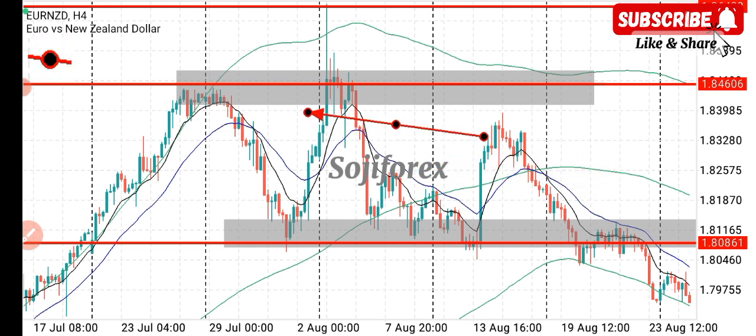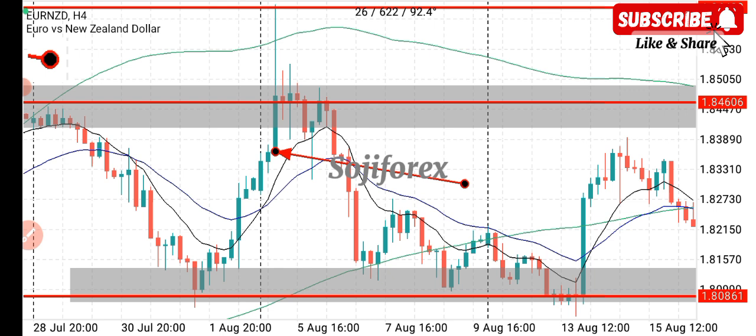Now, what we refer to as point of failure is this. Looking critically at this particular bullish candle, this candle that went up here, that candle went from this point, this bullish candle, which became a pin bar, went all the way to this upside, attempting to push price to the upside.